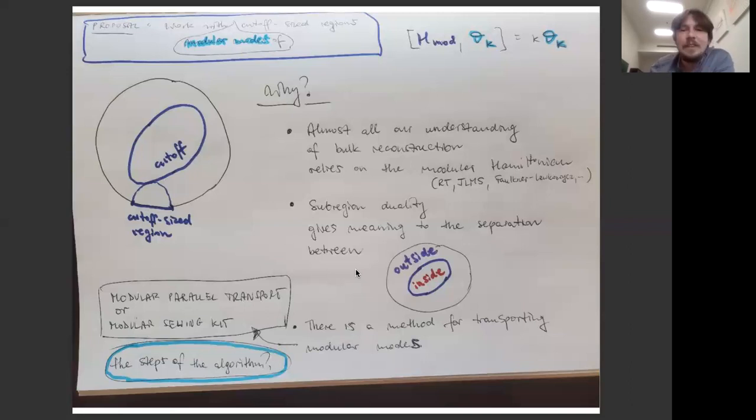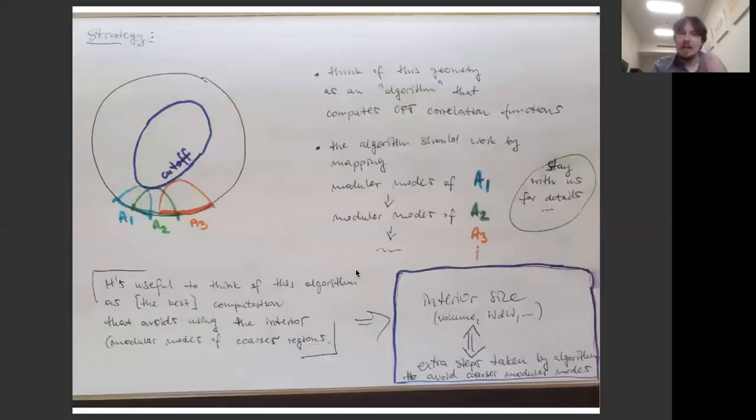Okay, so these are the motivational parts of the talk. I'm just going to summarize the strategy that I want to employ. I want to think of this geometry I drew here as an algorithm that computes CFT correlation functions. The algorithm should work by mapping modular modes of the first cutoff-sized region A1 to the second cutoff-sized region A2, to the third cutoff-sized region A3, and so on.